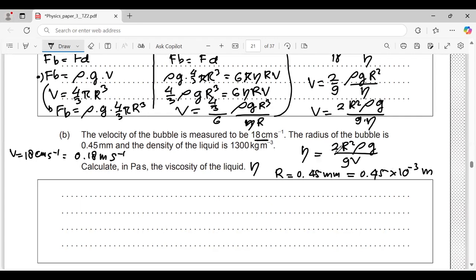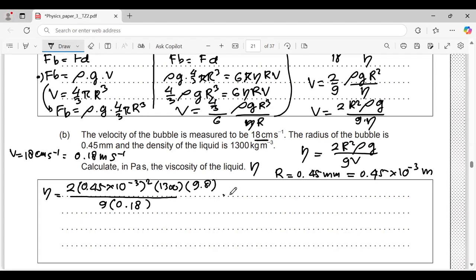Okay, now we are going to substitute into this formula. So eta equals 2 times 0.45 times 10 to the minus 3 squared, because r squared, and then times rho, which is 1,300, g is 9.8, over 9 times 0.18.